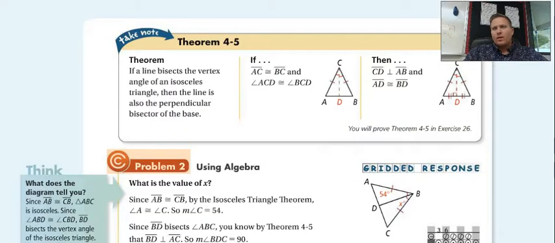Our next theorem, 4.5, says, write down everything inside this box right here. It says if a line bisects the vertex angle of an isosceles triangle, then the line is also the perpendicular bisector of the base. What that means is that we have an isosceles triangle, and to bisect it, remember bisect, really important, means that it splits it in half.